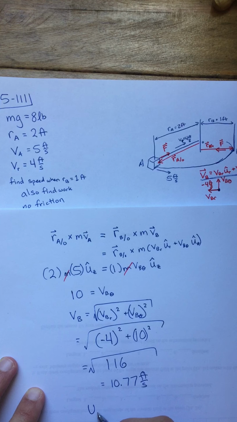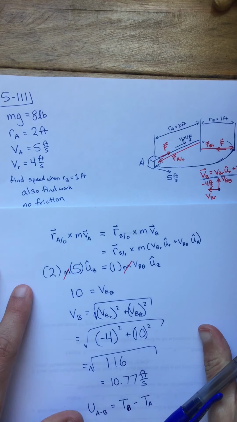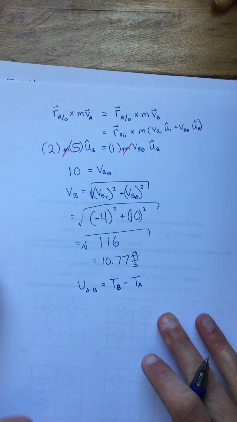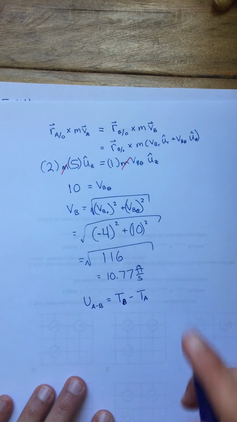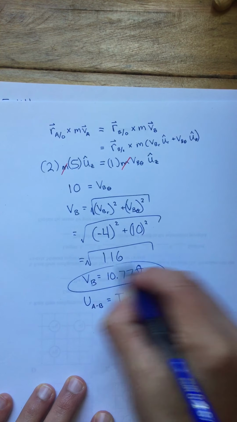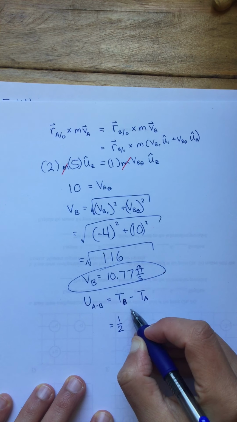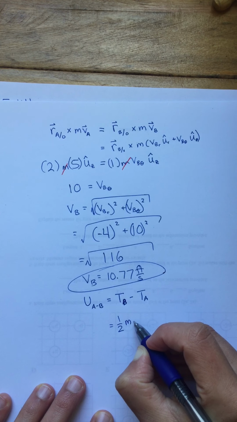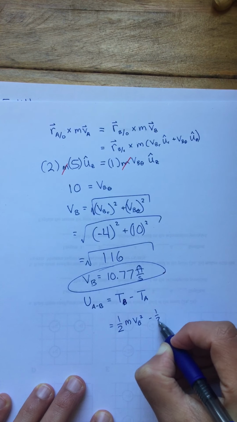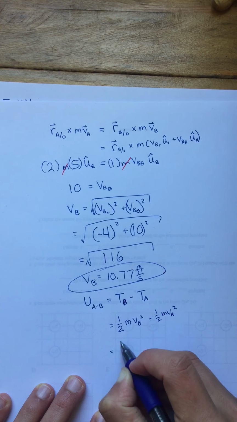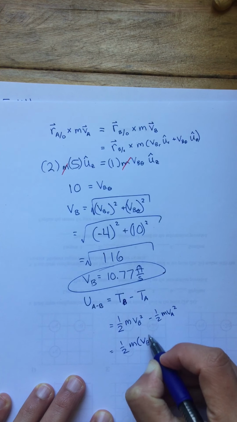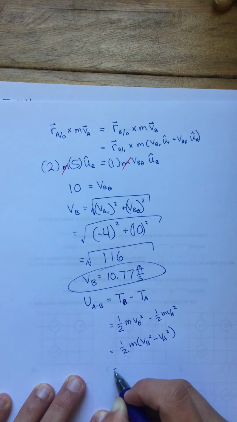So the work as I go from A to B is equal to the kinetic energy at point B minus the kinetic energy at point A. Now, I have the speed at point B. The speed at point A was equal to 5. The kinetic energy is 1/2 times the mass times the velocity squared. So this is 1/2 the mass times V_B squared minus 1/2 the mass times V_A squared, or you can say 1/2 the mass times V_B squared minus V_A squared.